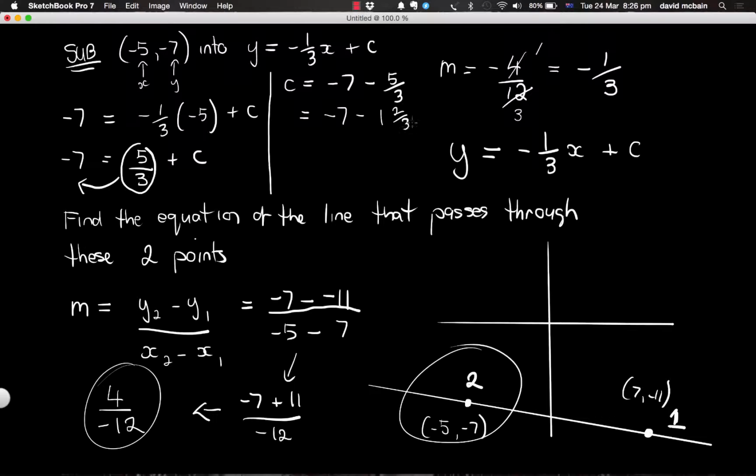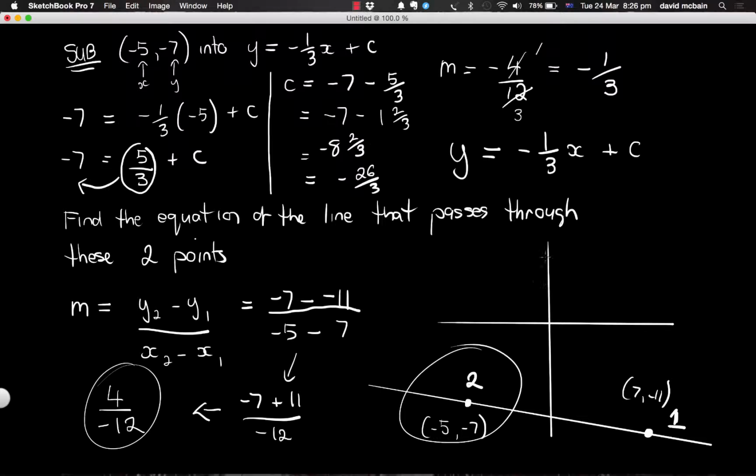We're also taking away 2/3 as well, so that's going to be -8 2/3. And convert that back into an improper fraction by multiplying the 8 with the 3. 3 times 8 is 24. Then adding the top number, it's 26/3. So minus 26/3. So finally, there's our y-intercept.